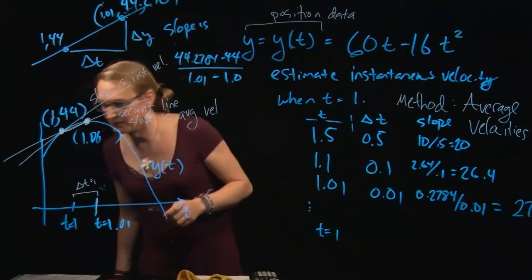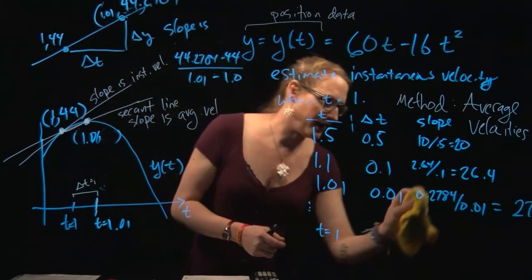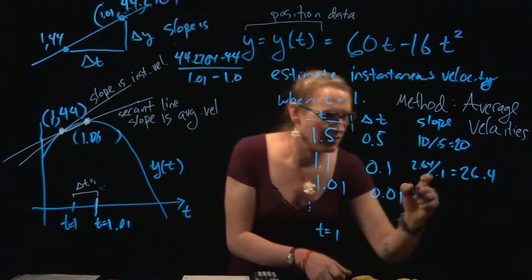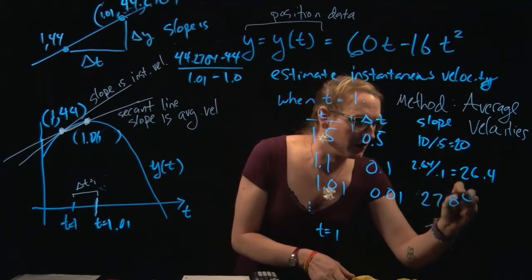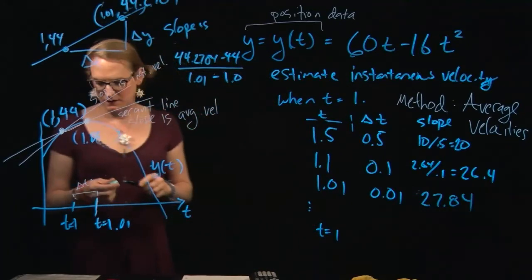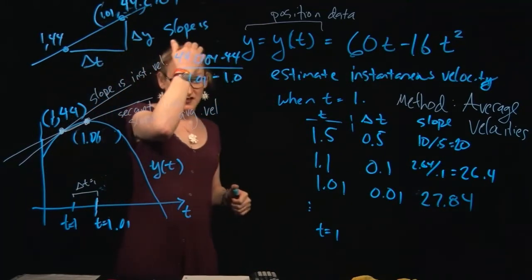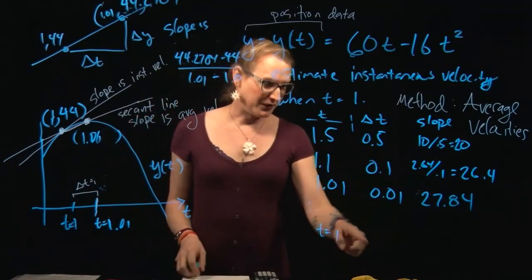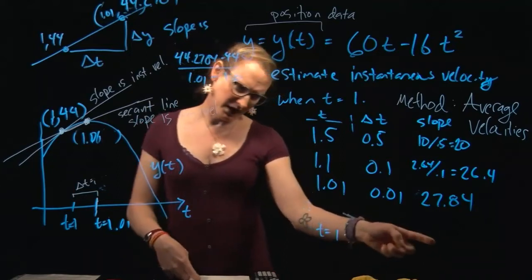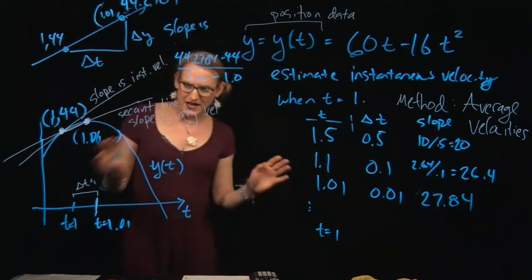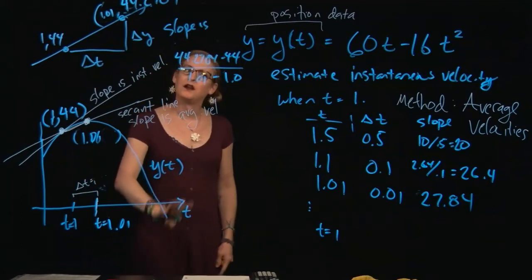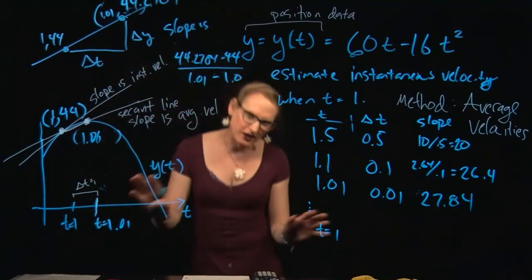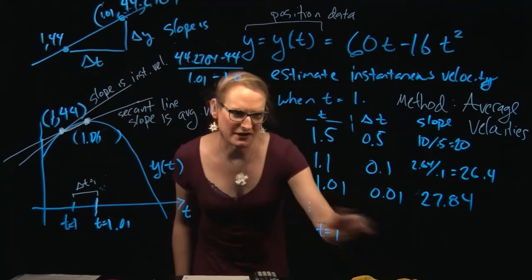I think I just went off the screen. Yep. So I'll just wipe that, and we'll call it 27.84. So it's like 20, 26.4, 27.84. Do you think you know what it's going to go to if we keep doing this? My guess is 28, but I'm feeling a little iffy on whether that's really 28.